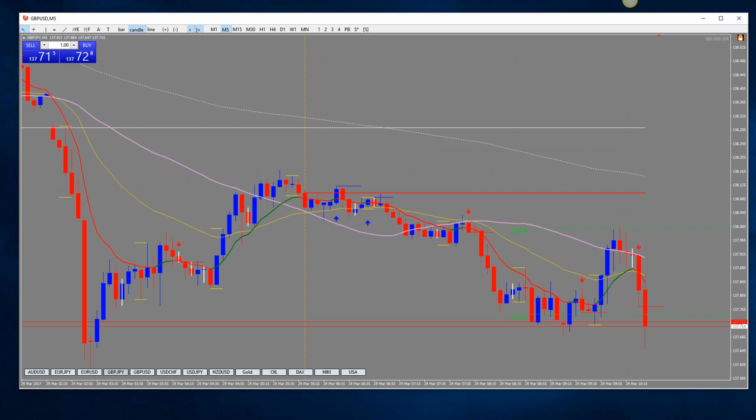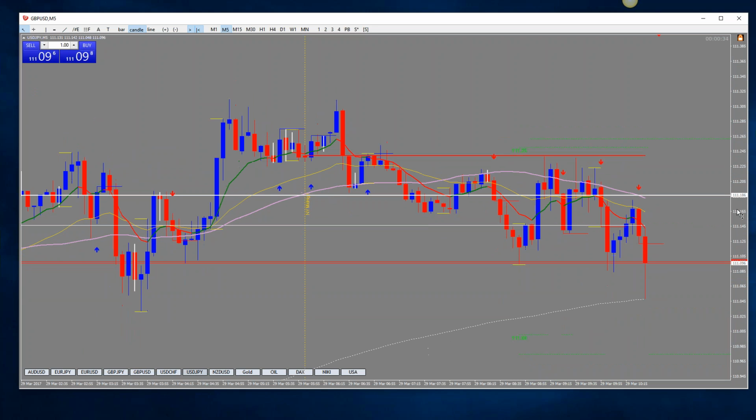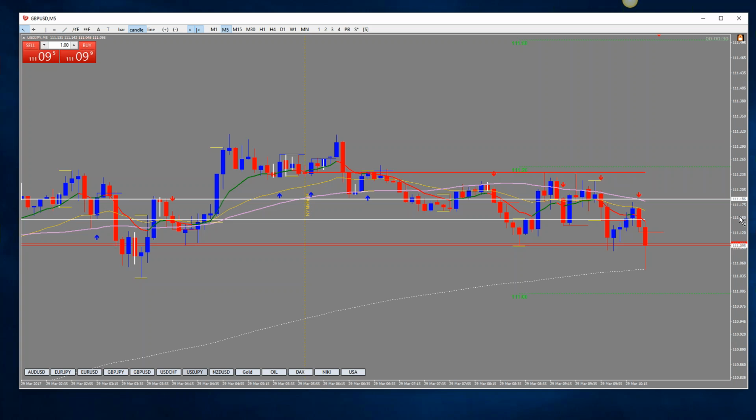So can you explain how the trailing exit works? I can understand where you get into a trade and then your EA automatically puts a 40 pip target and a 15 pip stop, but how does the trailing exit come into play? Oh, I see what you're saying.